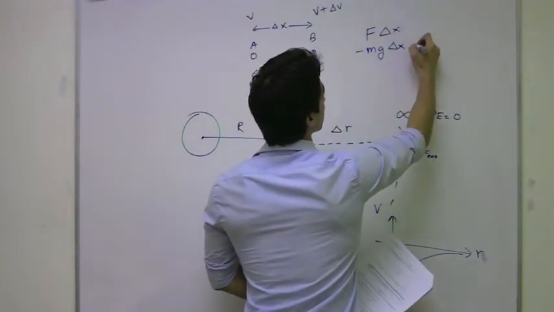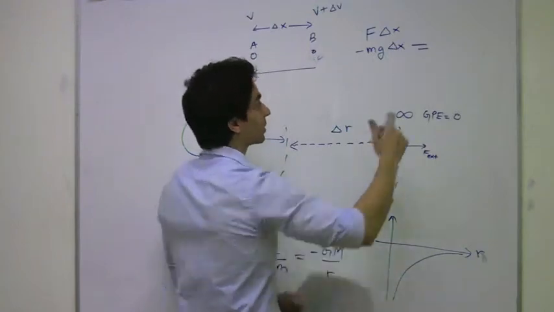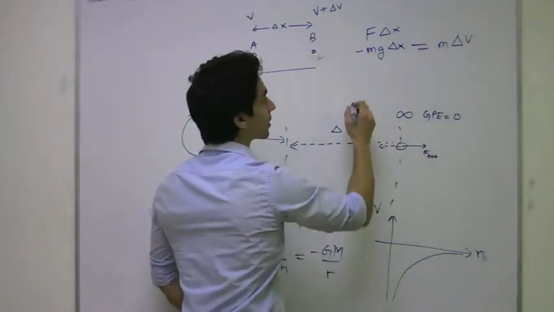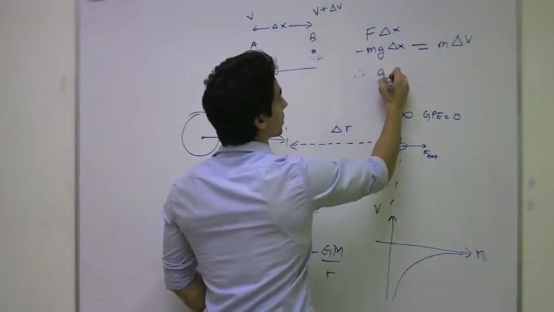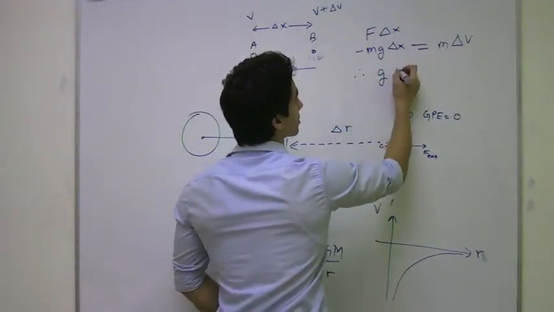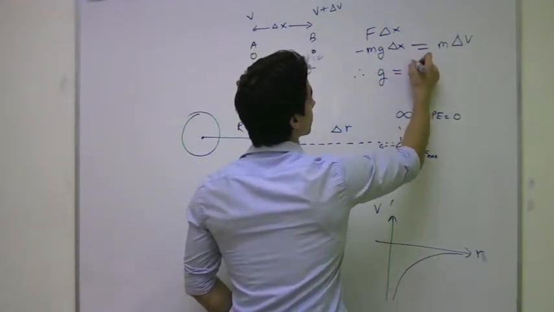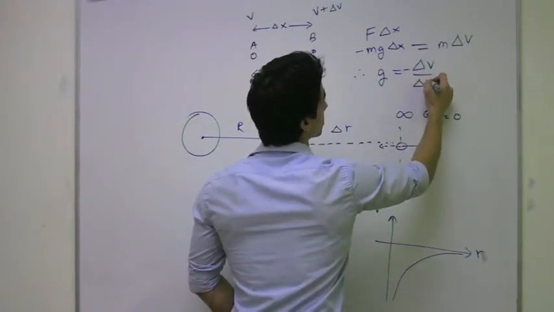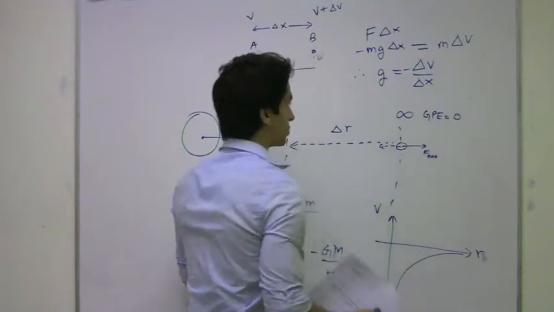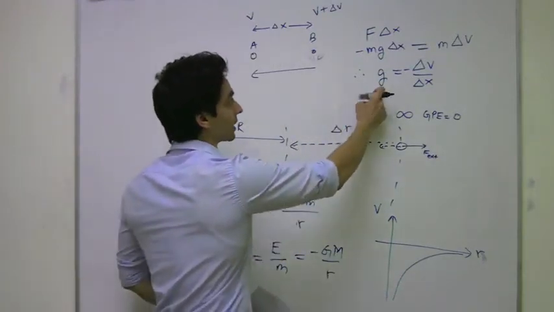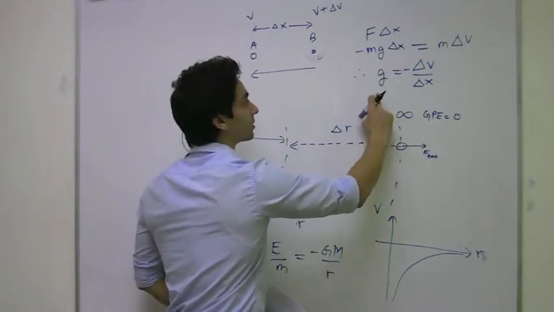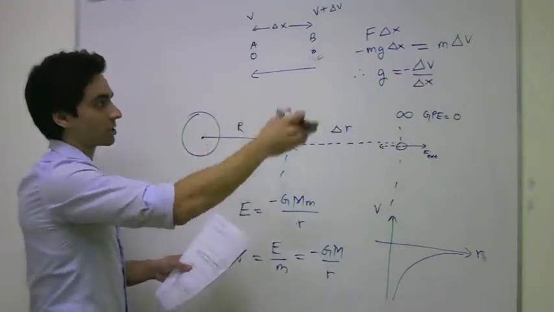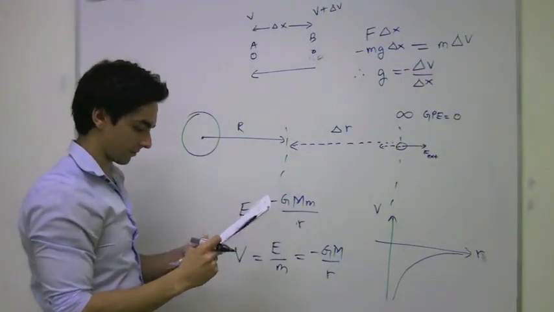Also, the work done by definition is the mass times the potential difference. Therefore, the gravitational field strength is equal to the negative of the change in potential with the change in displacement, which means that you can get the gravitational field strength from the negative of the gradient of a potential versus displacement graph.